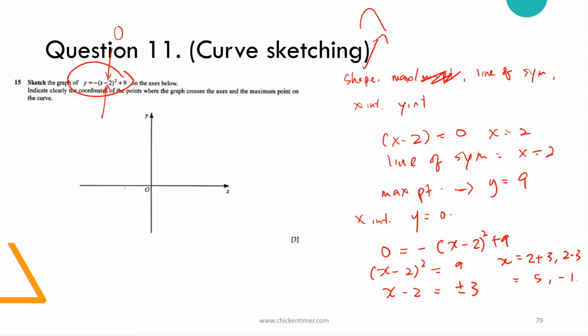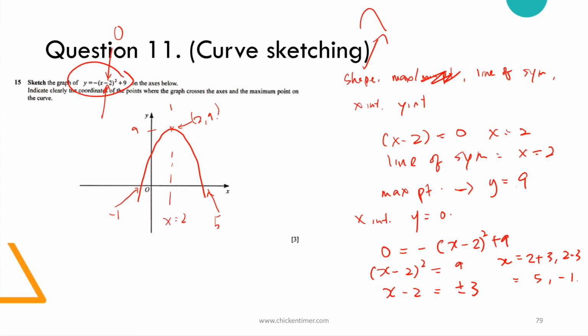So your line of symmetry is x equals 2, like that. So this is negative 1, then this is 5, and then here this is 2, 9.